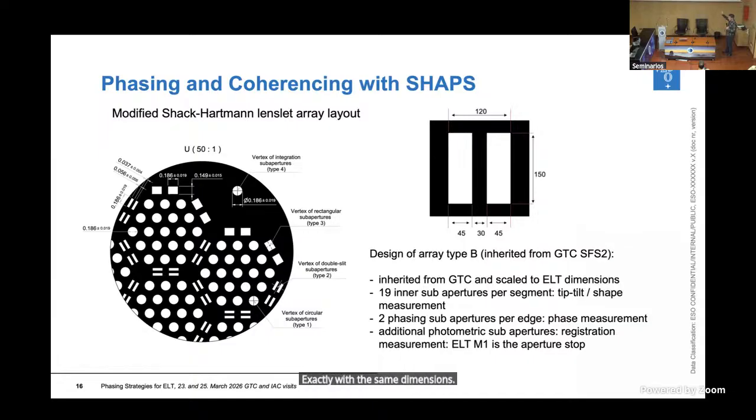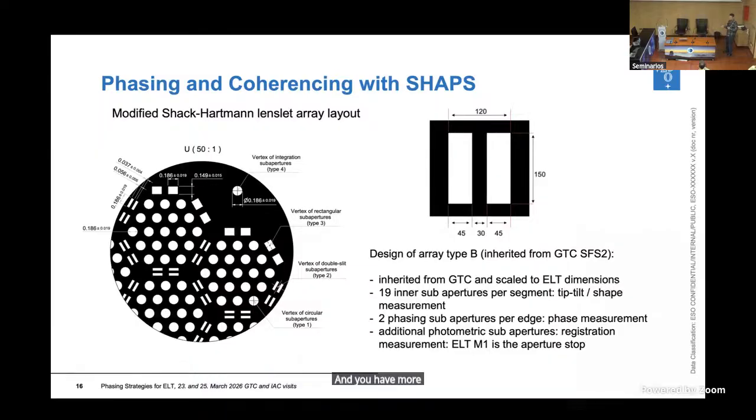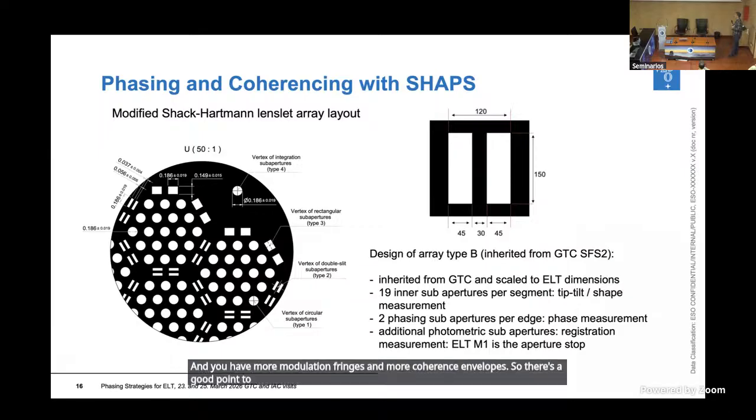So it's a double slit with a separation of 30 millimeters, because if you don't have that, you are already sensitive to registration errors from 0. So you should have a central bar that obscures the segment edge, and you have more modulation fringes in the coherence envelope. So there's a good point to have this.